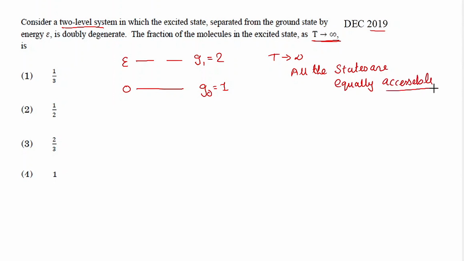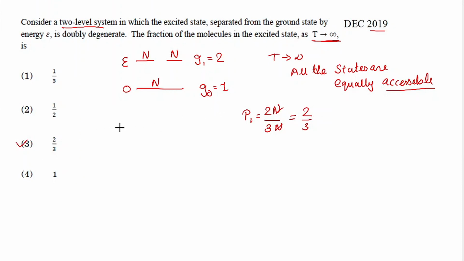As all the states are equally accessible, suppose we have n number of molecules, then n molecules I can keep over here, n over here, and n molecules over here. So I have to find the ratio. So P1 will be the number of molecules in the first excited state divided by the total number of molecules. So there are 2n molecules in the first excited state and the total is 3n. So n will cancel out and the answer will be 2 by 3. So this is the answer.